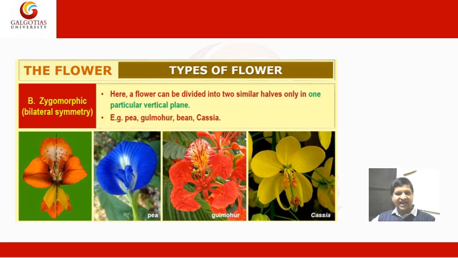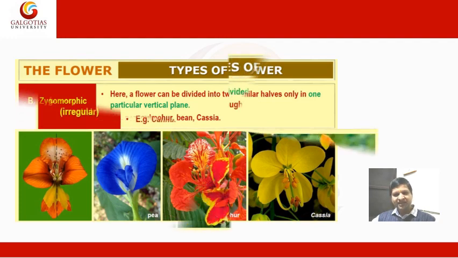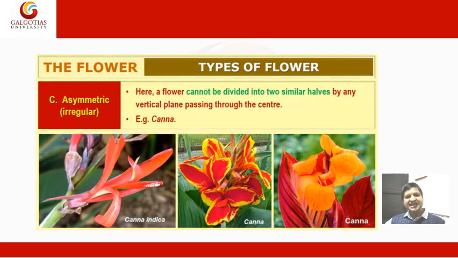Here, a flower can be divided into two similar halves only in one particular vertical plane. The examples are pea, gulmohar, bean, and cassia. Next is the asymmetric or irregular. Here a flower cannot be divided into two similar halves by any vertical plane passing through the center, that is canna.